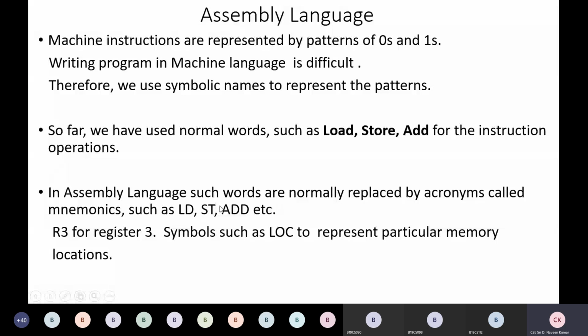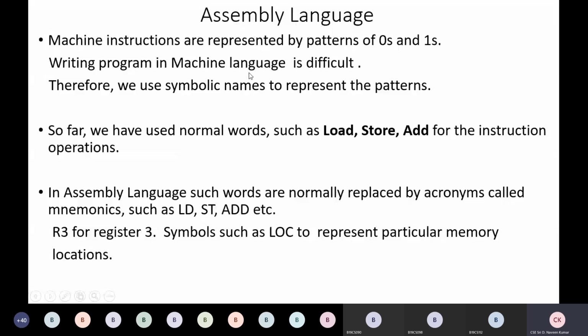Mnemonics means something like opcodes. For register 3 we use R3, and for variables referring to main memory we use LOC symbols. So why do we have assembly level language?